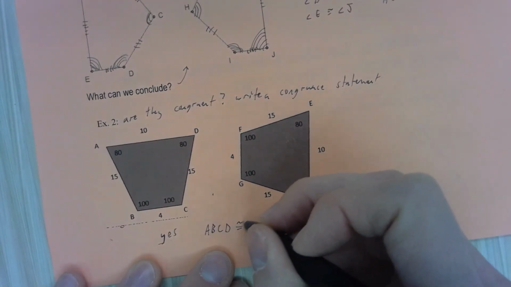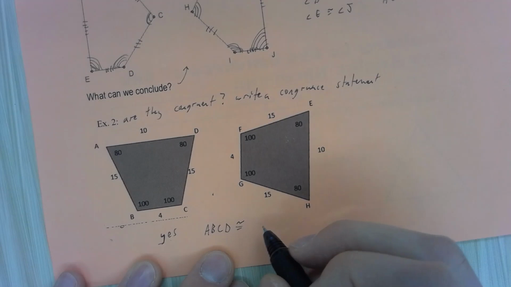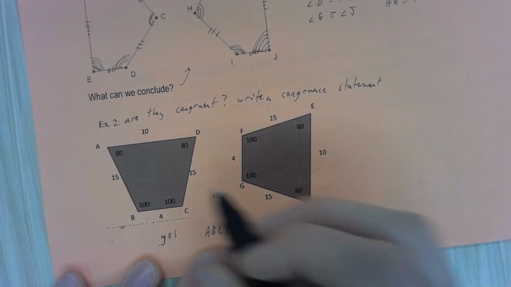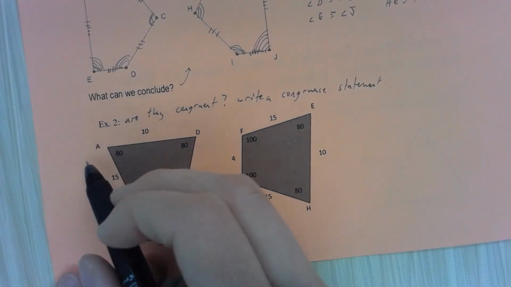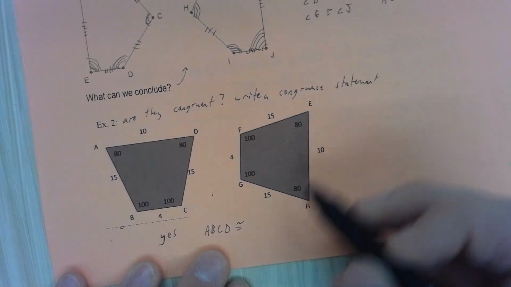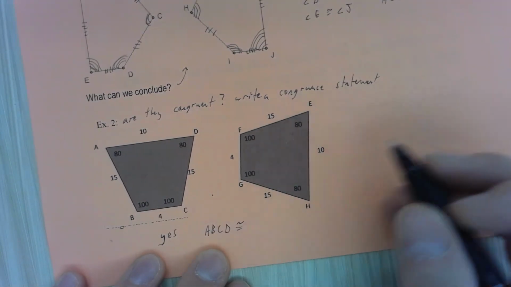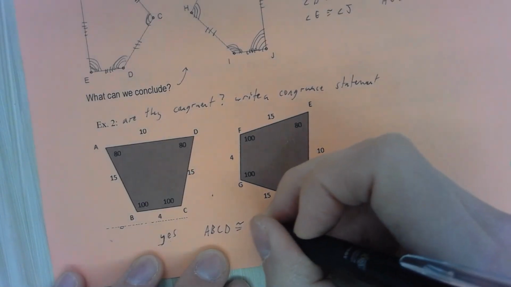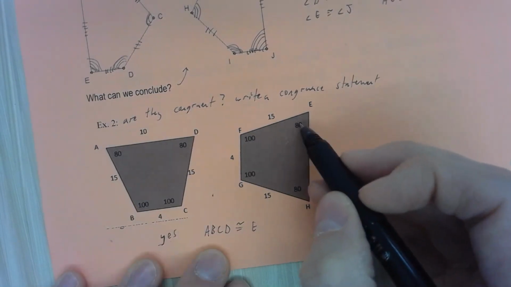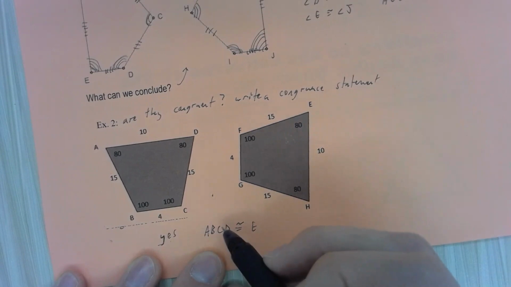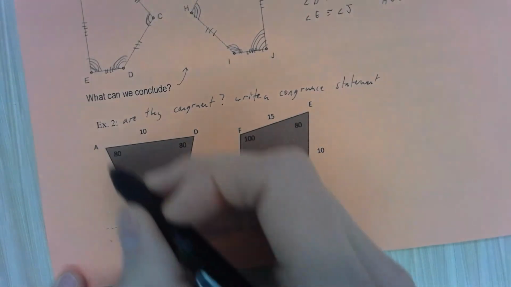But you can start wherever you like. But then with the second one, we can't start wherever we like. We have to start with the corresponding one. So if I started with A here, I need to start with one that's congruent to A in the second figure. So I could start with E. So A is congruent to E. They're both those 80-degree angles. Then the next side I said AB. That was a 15.